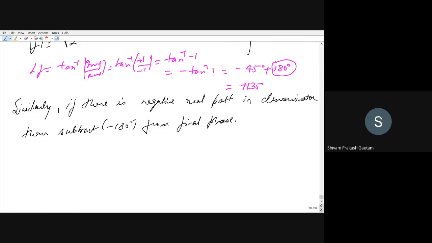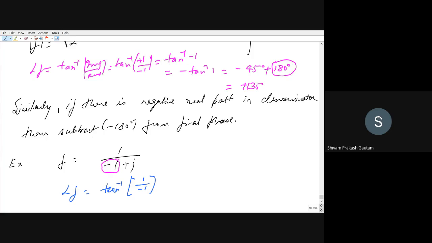For example, let us say f is equal to 1 upon -1 plus j. You can see there is a negative real part in the denominator. If you want to calculate the phase for this, how do you calculate it? The phase will be equal to tan inverse of imaginary by real. Imaginary is plus j, so this will be 1, and real is -1.